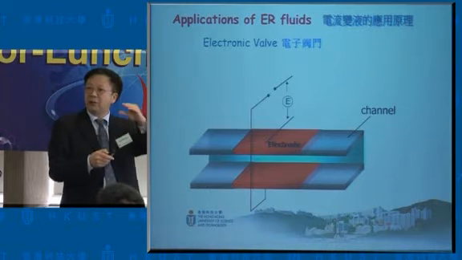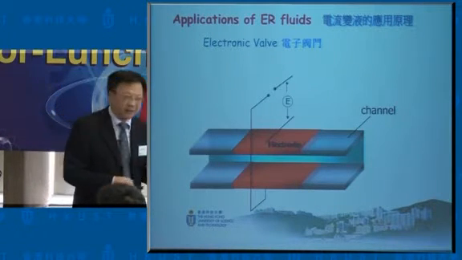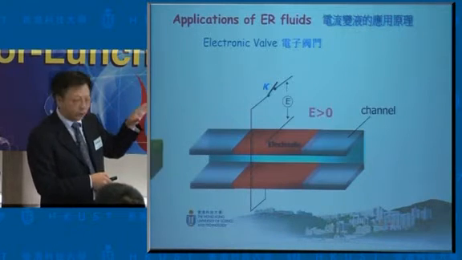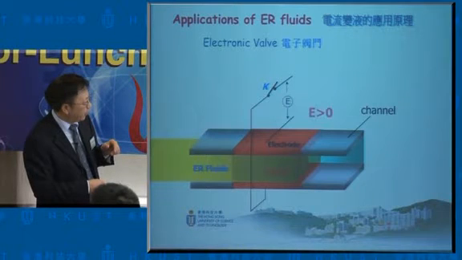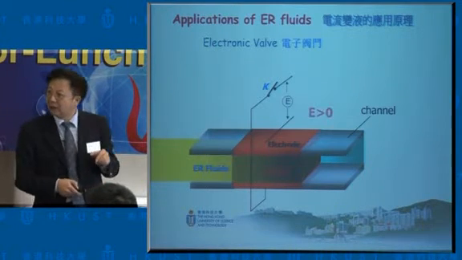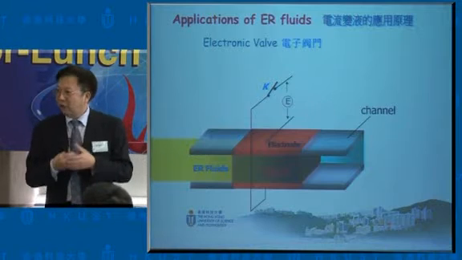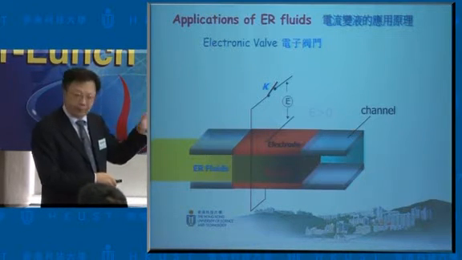With no electric field, the ER fluid is like water, easy to pass. However, if I apply a high electric field, as you can see here, the ER fluid cannot pass this channel. Why? Because this region becomes solid. So we usually call it an electrical valve, or electrical damping actually. So it's the ER fluid principle.